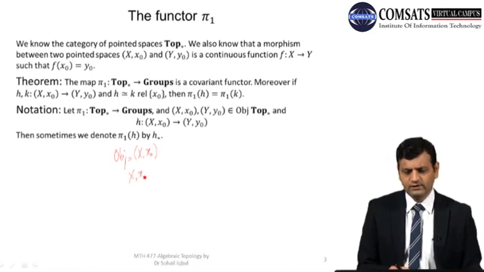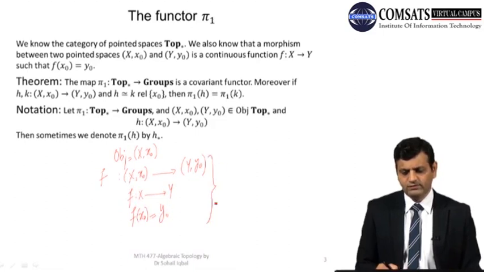If I have two pointed topological spaces, then a morphism between them is a continuous function f from X to Y such that f of x naught goes to y naught. So these are the morphisms in this category, Top star.